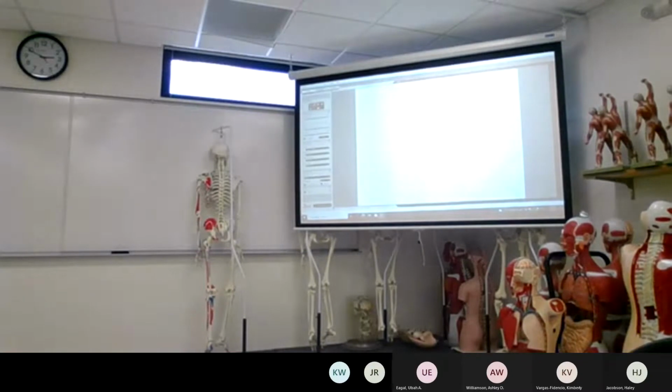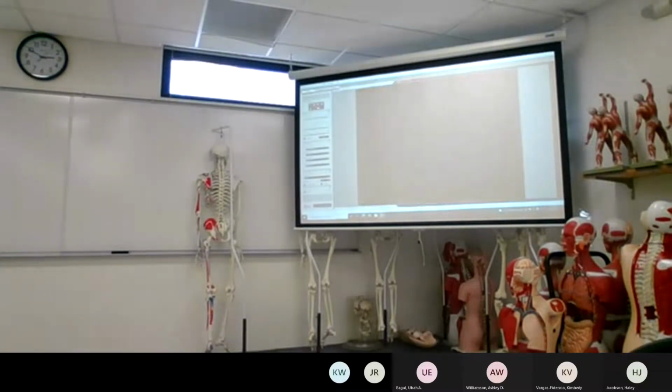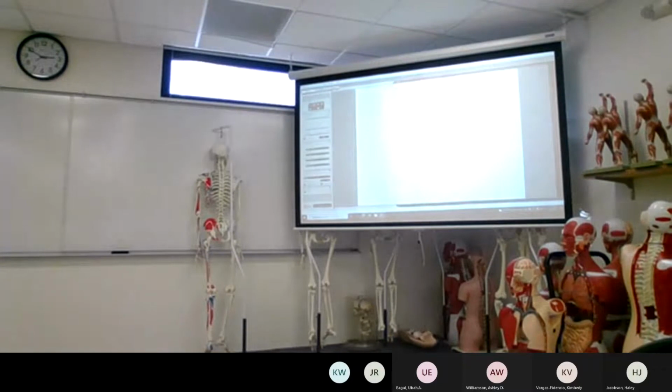All right, moving to cardiac tissue. Under our high power magnification, we should still see the striations. You have to get them in the right orientation.